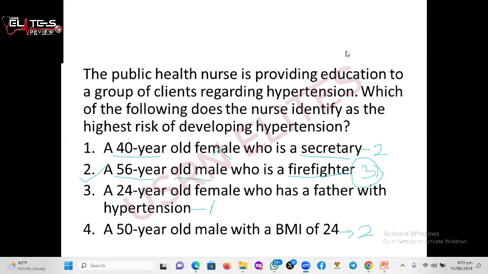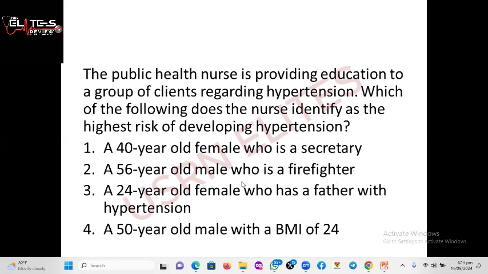Do we all agree with what our sister has done, or do we have a different view? If you have a different view, come up with your rationale. Okay, so thank you, Lako.